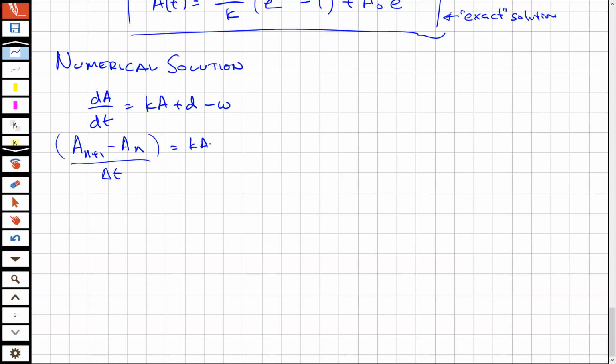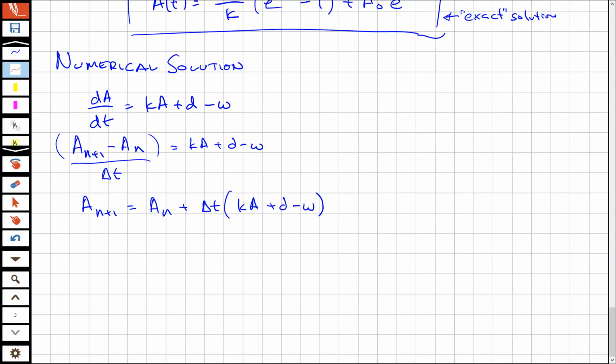Equals Ka plus d minus w. And let's move that around again. So we have a at n plus 1 is equal to an plus delta t times Ka plus d minus w. I've used n's here. It's just a different index.